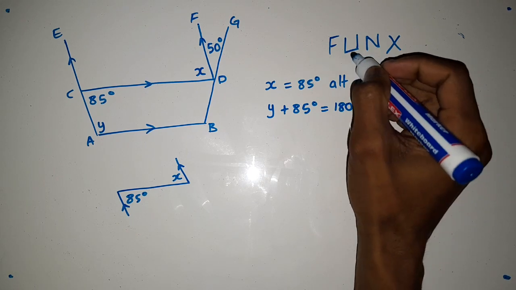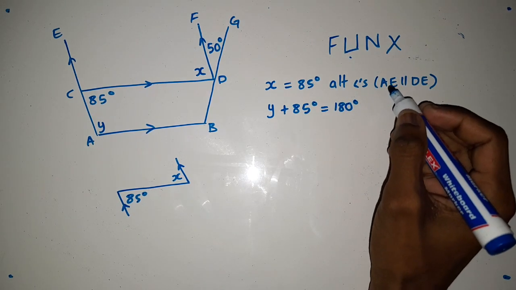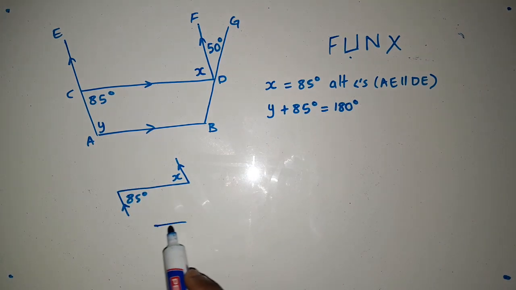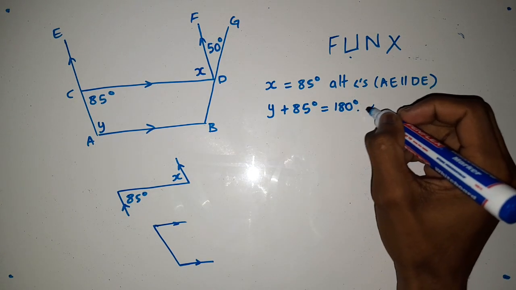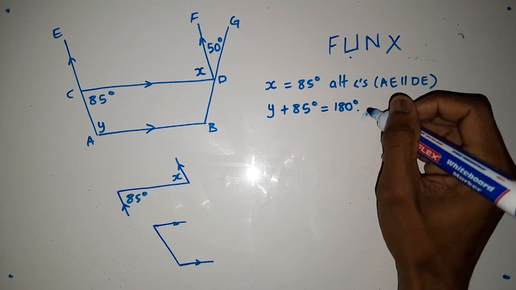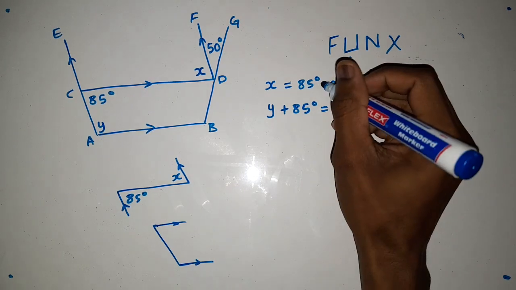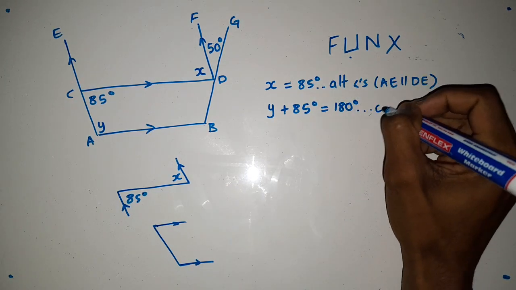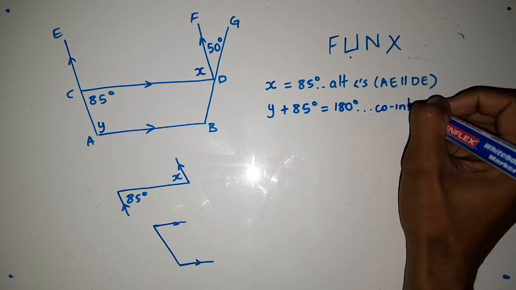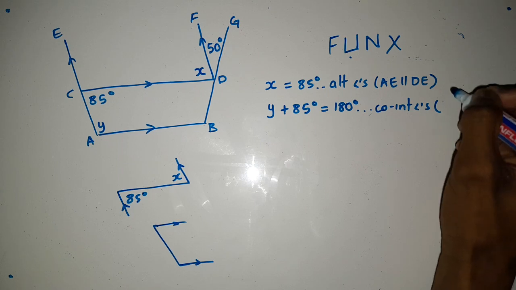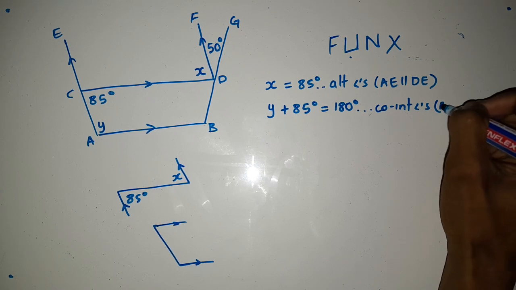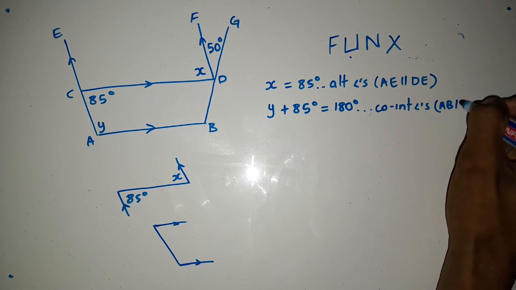Why do we say so? We get a U shape. In this case, it's more like C in a way. Do you understand? We get co-interior angles. They are not equal. Instead, if you add them, you must get 180.